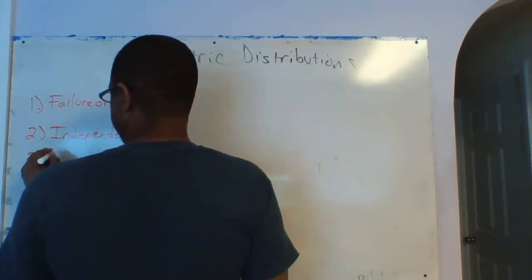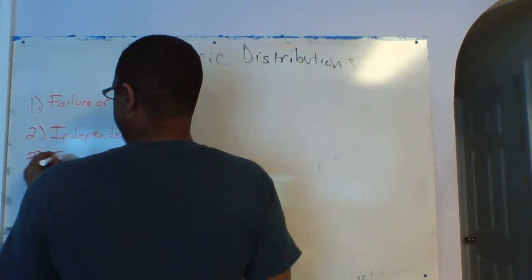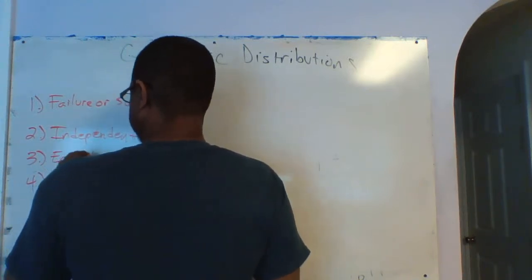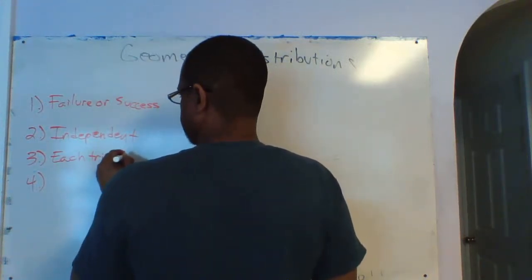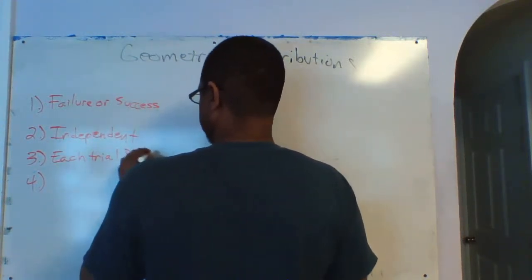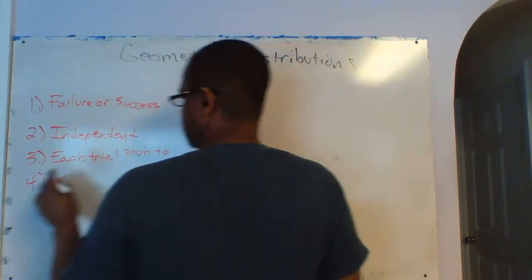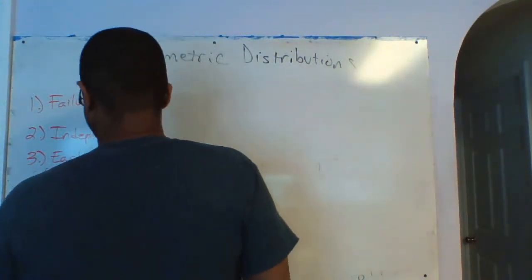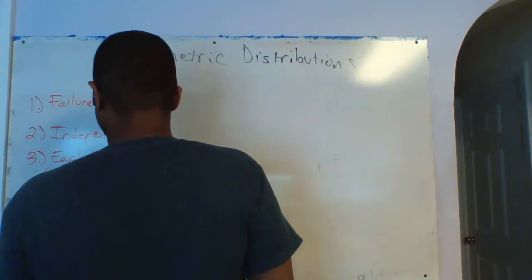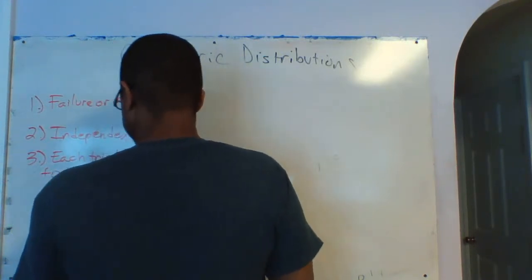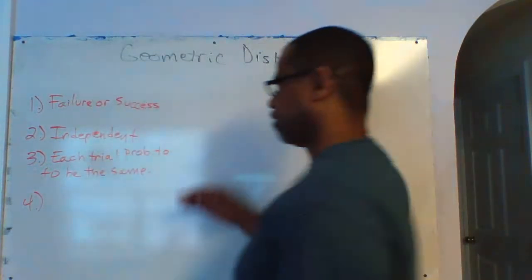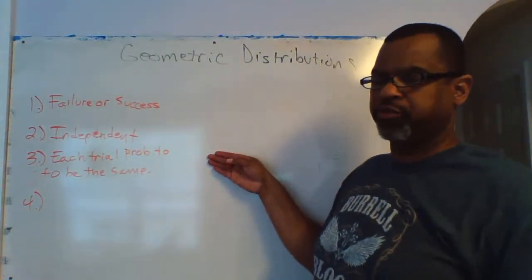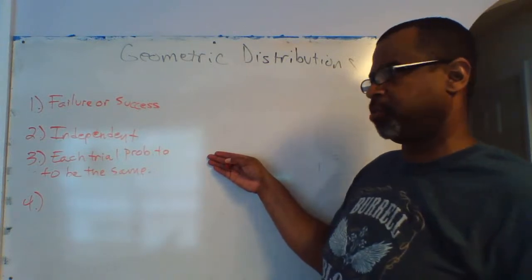You want each trial probability to be the same. So these are the same rules as the 3 rules that we have for binomial distribution.